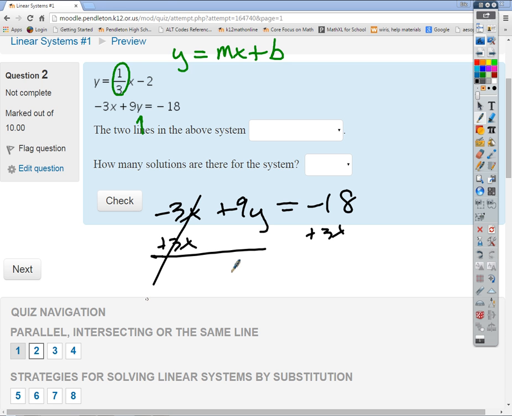That goes away, so I get 9y equals. Now these two terms don't add up because they're not like terms, so I'm just going to have to put them separately, right? Which one should I put first here, do you suppose? The x term or the negative 18? X, because I want it to look like that, don't I? So 3x minus 18.